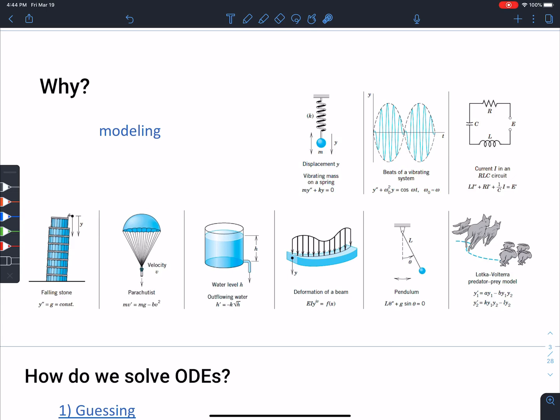If you look at a vibrating string, a violin or guitar string, there's another differential equation, right? Where here the amplitude of the wave is given by y, and t is the time variable. You can see that there is a differential equation here that is not giving you y directly, but again, it's giving a function that y must satisfy, including derivatives of that function.